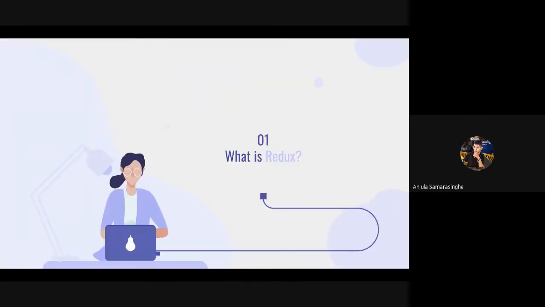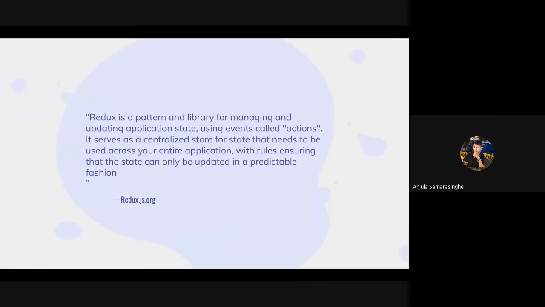So, what is Redux? Redux is a library that we use to manage and update our application state, which we can use for JavaScript applications. Redux is vastly used with React, React Redux, and we can also use Redux with Angular, Vue, and jQuery.